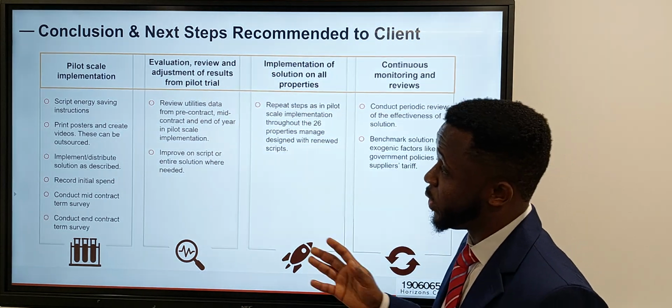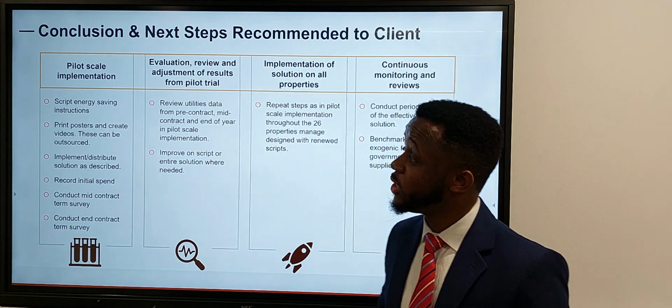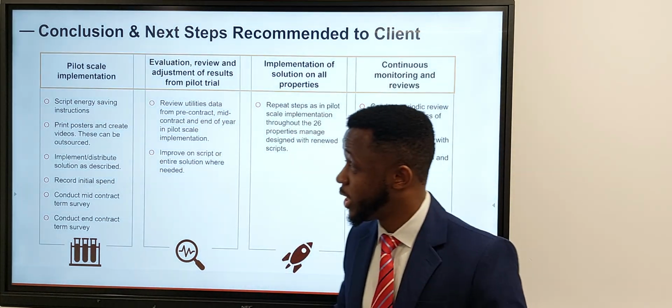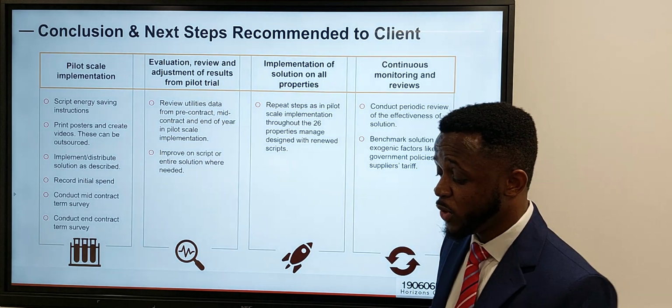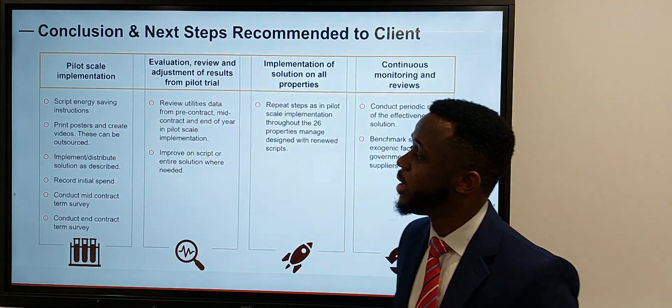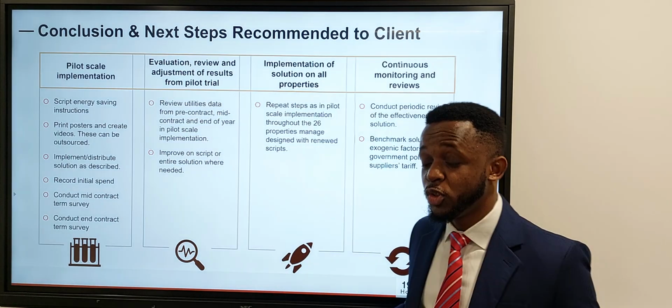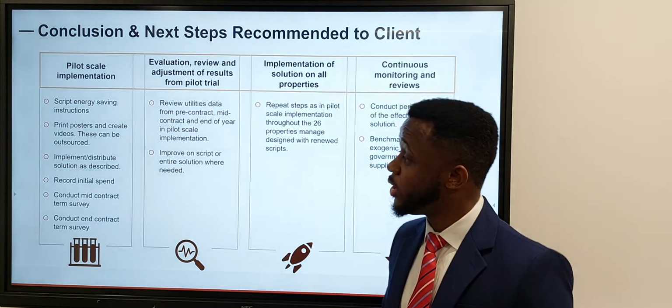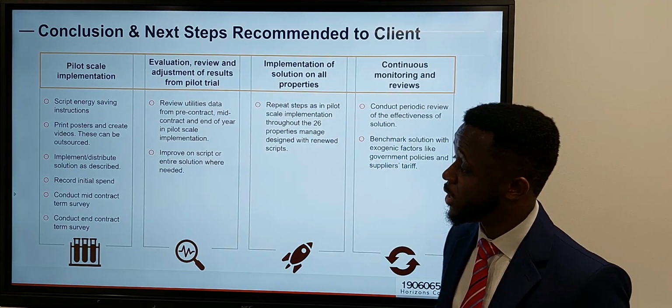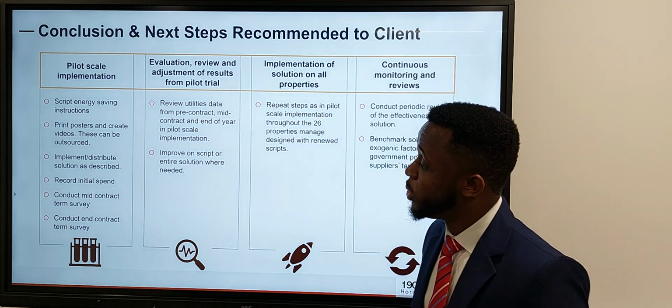The first thing, when the client wants to implement the solution, is to run a pilot scale, script the energy saving instructions for both the videos and the stickers, and then implement and distribute according to the outline that was put in the blog, distributed to the client, which the client has access to.